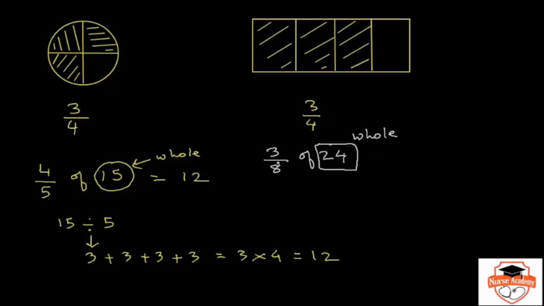And then that is divided into 8 equal parts. So 24 divided by 8 is 3. And then you combine 3 of those parts. So you do 3 times 3, you get 9, which means 3/8 of 24 is 9, and there are 9 girls in the class and the rest are boys.